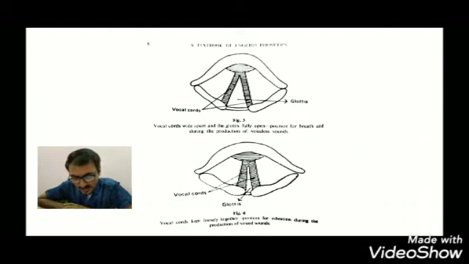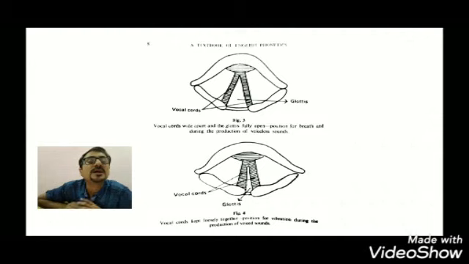Now, why are these vocal cords important? Because they decide one very important feature of all the sounds of language, whether they are vowels or consonants. You can see in the first position, in the first diagram, the vocal cords are kept wide apart.